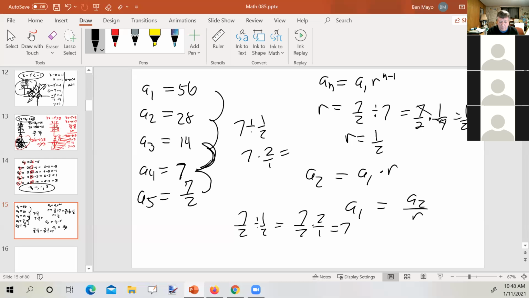In other words, moving forward, you'd multiply by 1/2. 56 times 1/2 is 28, times 1/2 is 14, times 1/2 is 7, times 1/2 is 7/2. Going backwards, you'd be dividing by 1/2 or multiplying by 2. So we're supposed to find the first 5 terms, and there they are. So we kind of have to work backwards on that problem. A little bit tricky there.